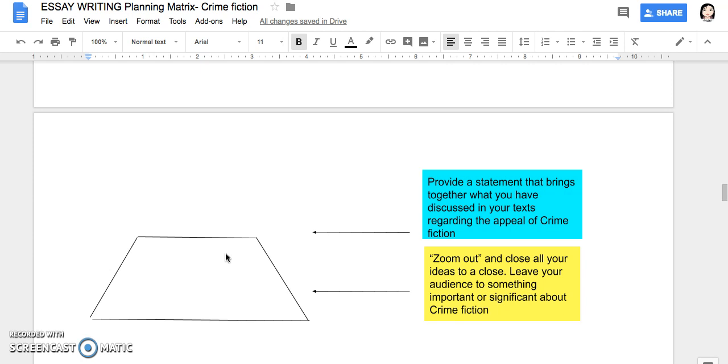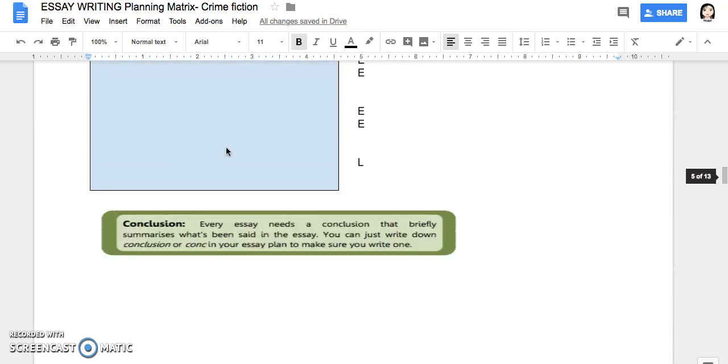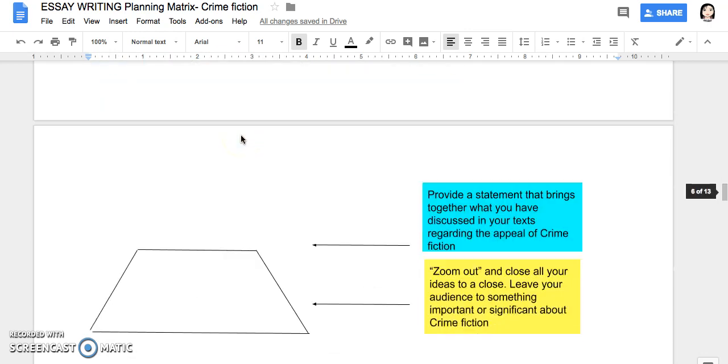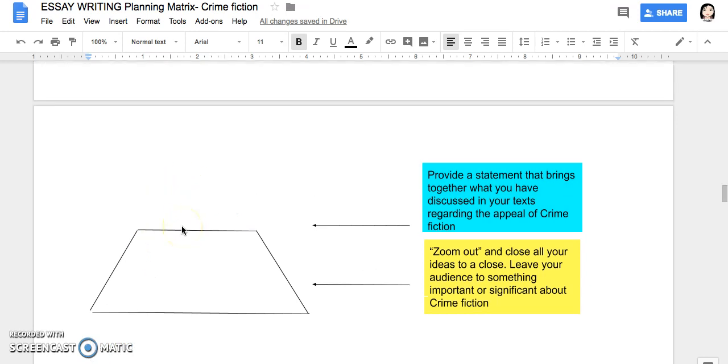So basically we have the narrowest idea that links back to my last body paragraph here, and then a statement that brings together all my lines of argument and what I have discussed regarding, in this case, the appeal of crime fiction. And then I write a couple more ideas that zoom out from there. So it brings all your ideas to a close.